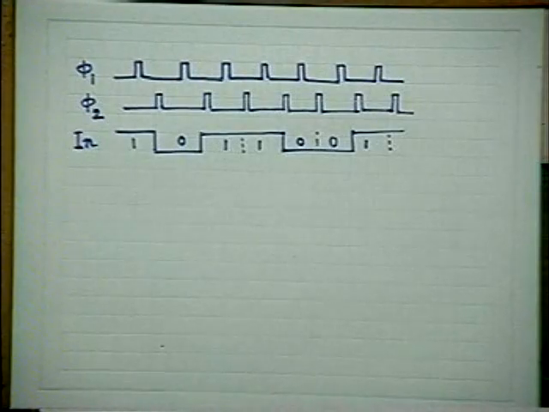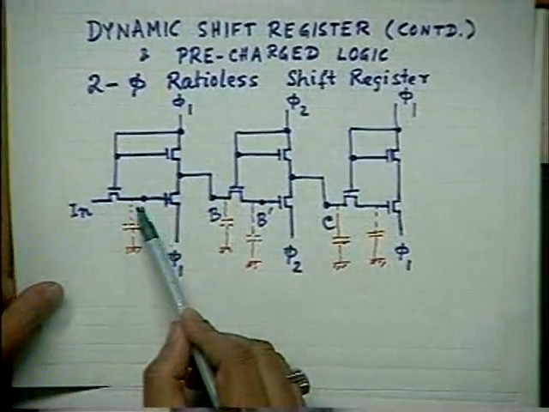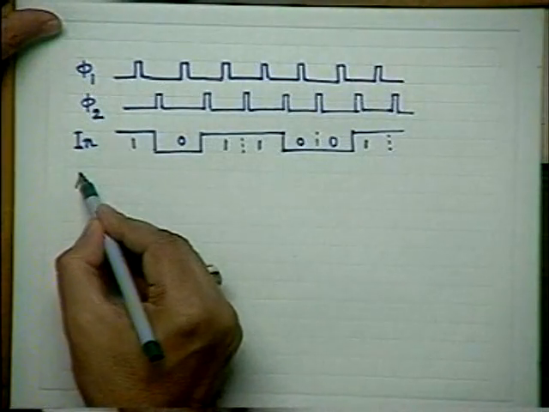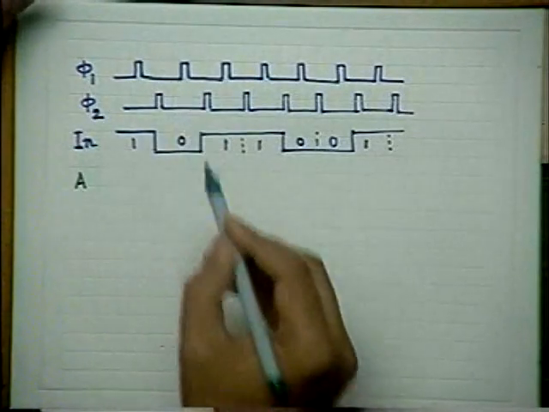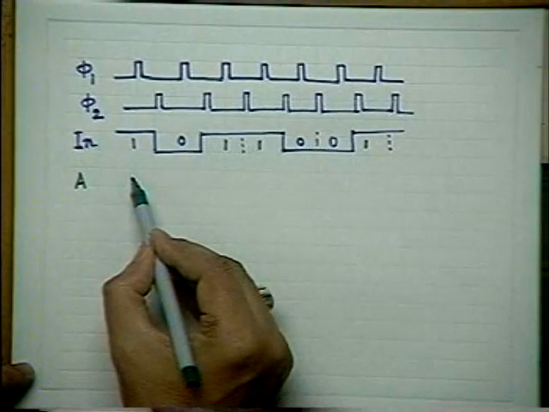We now show the voltages at different points. For example, the point A can be drawn in the same way as we did earlier. At the point A, it will be in synchronization with phi 1.